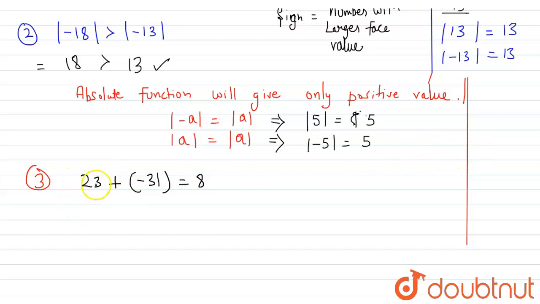While simplifying this, if we are adding two integers and one is positive and one is negative, we basically have to subtract the two.